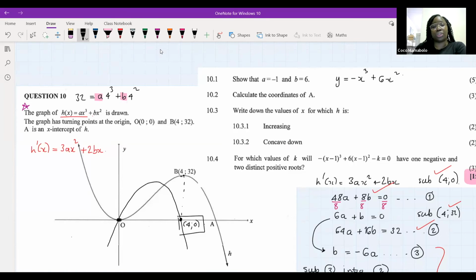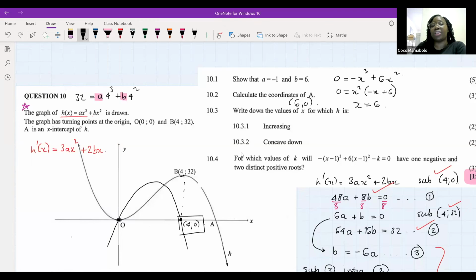Our y value will be 0 because that's our x-intercept. We take x squared out: 0 is equal to x squared times negative x plus 6. Therefore, x should be equal to 6. So my coordinates should be 6 and 0. That's my coordinates for A.